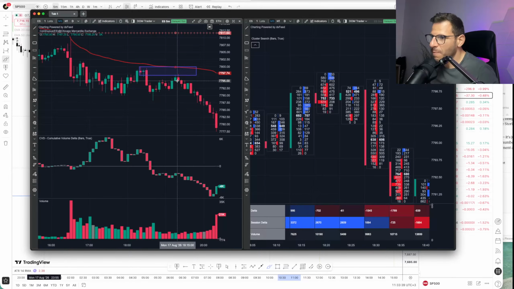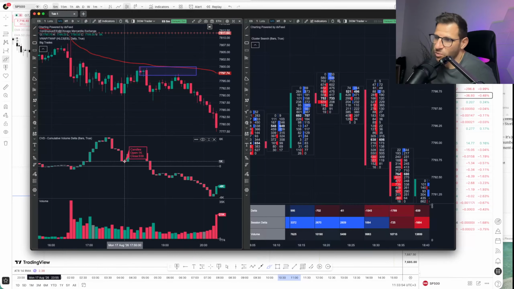Look at this here. The cumulative delta, as the price was going, if we start from this point here, the market was making a lower low on candlesticks. The cumulative delta was just showing a regular move to the downside.